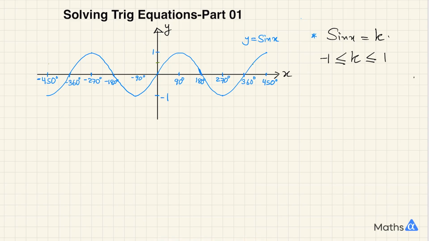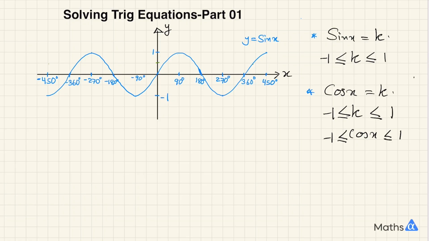The second one is this kind of simple equation, cos x equal to k. Here again, this constant k should be between negative 1 and positive 1, because cos x varies between negative 1 and positive 1 for any value of x.